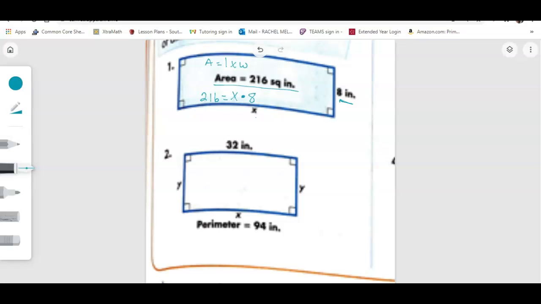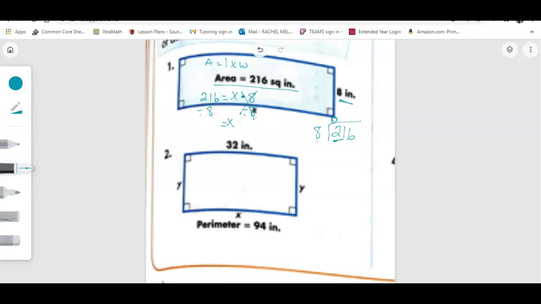Well, that's where I need my opposite operation. The opposite operation of multiplication is division. So if I divide by 8 on this side, this is gone and I only have x. But that means that I also need to divide by 8 on the other side. I know 8 cannot go into 2, so I put a 0.